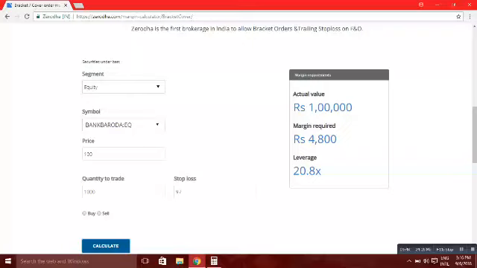If we buy 1000 quantity at the price of 100 rupees, we just need 4,800. The actual value for 1000 quantity at price 100 is 1 lakh, but what we require is 4,800. Why? Because we are getting 20.8 multiplier leverage from Zerodha. That's the margin requirement here. And for different stocks you will get more margin in the list of other stocks.